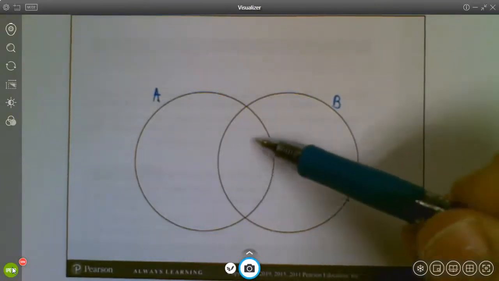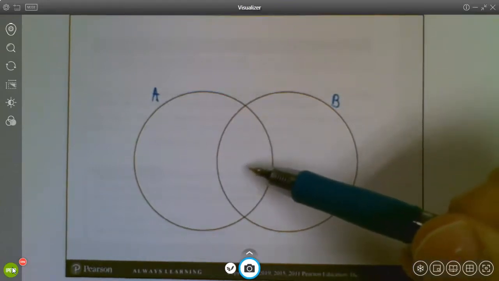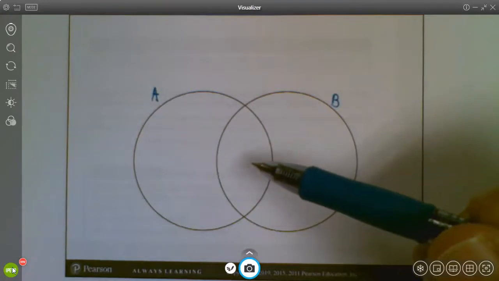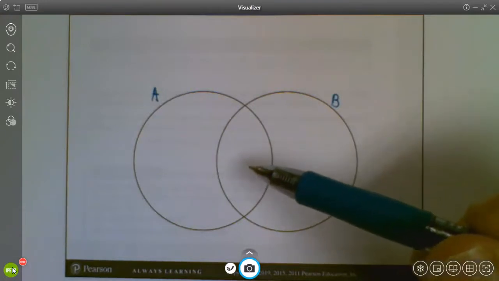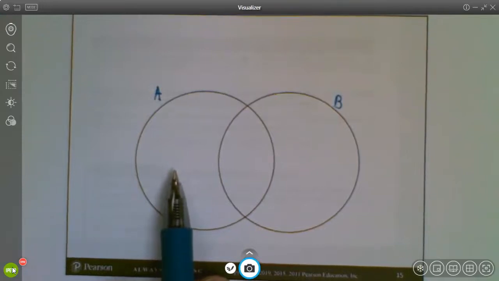What do we see right here in the middle? Well, this is what they have in common. This is the overlap, right? So this area represents the outcomes of both of them happening. So this would be all the probability or sample space of both events happening. So what about this part? This would be the percent that event A does happen and event B does not happen.